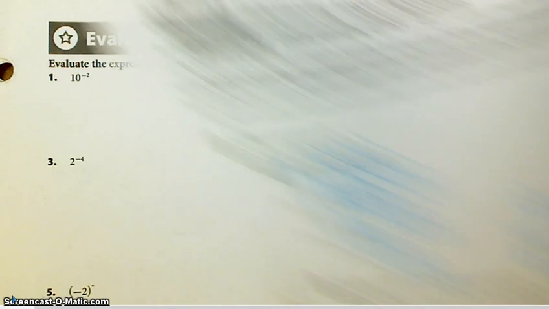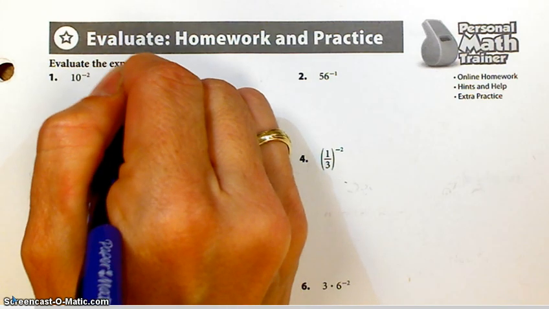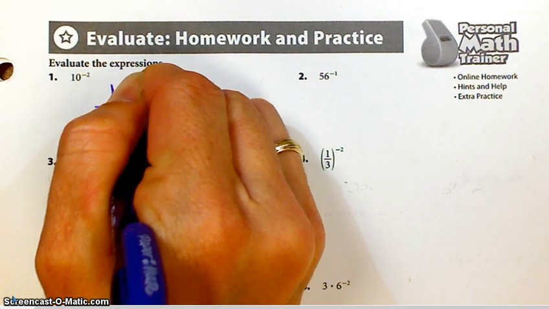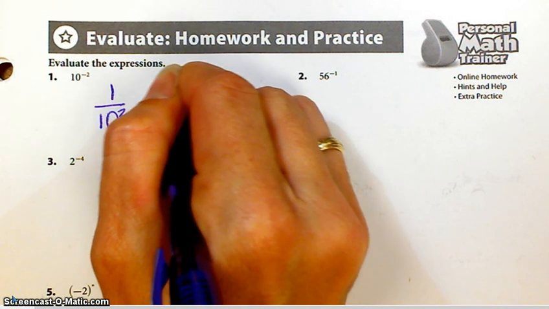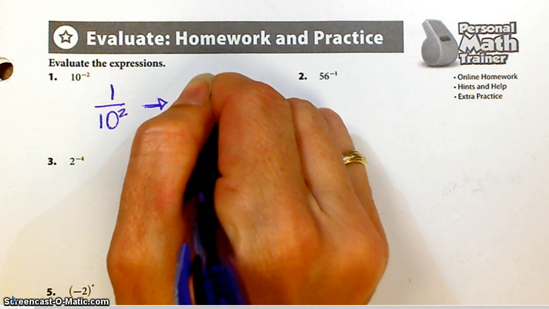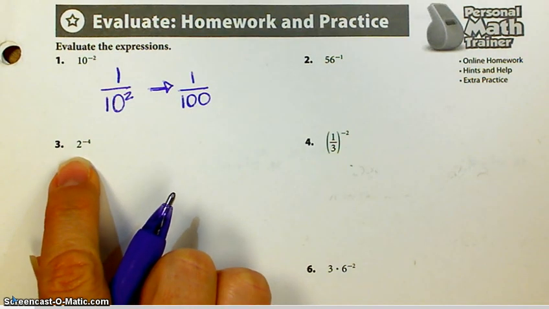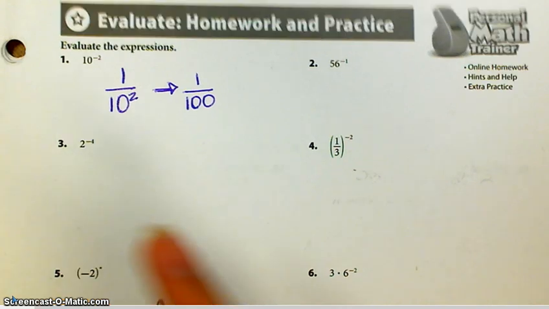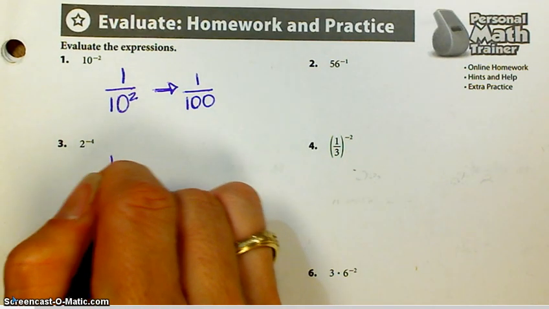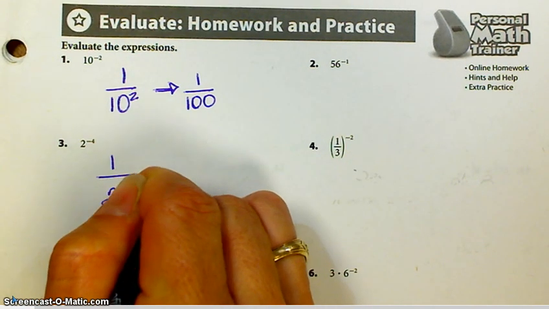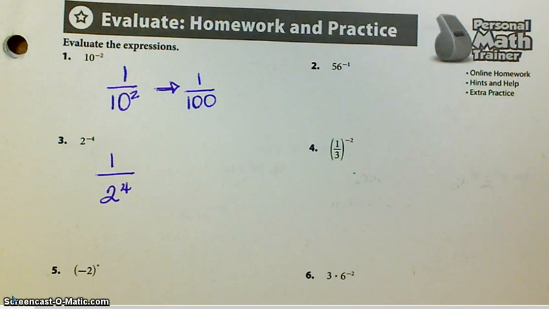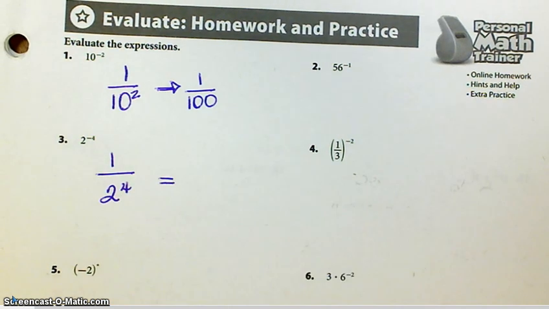So 10 to the negative 2 is the same as 1 over 10 squared, and that's 1 over 100. 2 to the negative 4 is the same as 1 over 2 to the 4th. You guys can figure out what that's going to be.